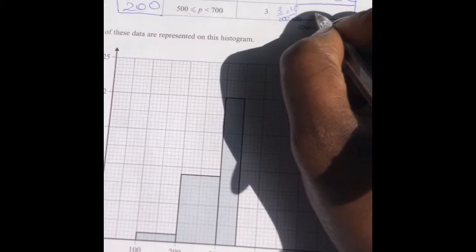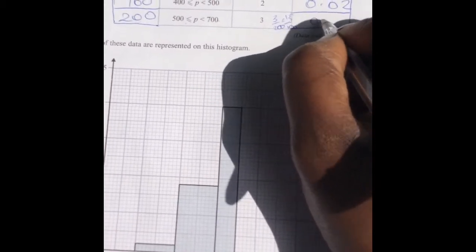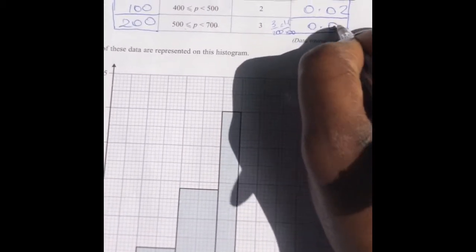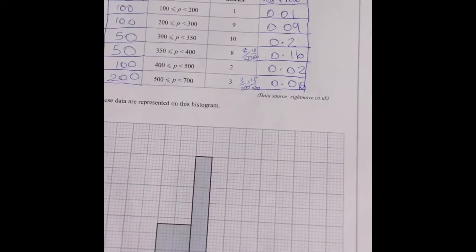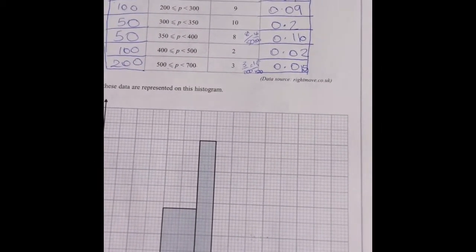This is 2 over 100, which is 0.02. This is 3 over 200, which would be the same as 1.5 over 100, which would be 0.015. Okay, now we've got all our frequency densities.